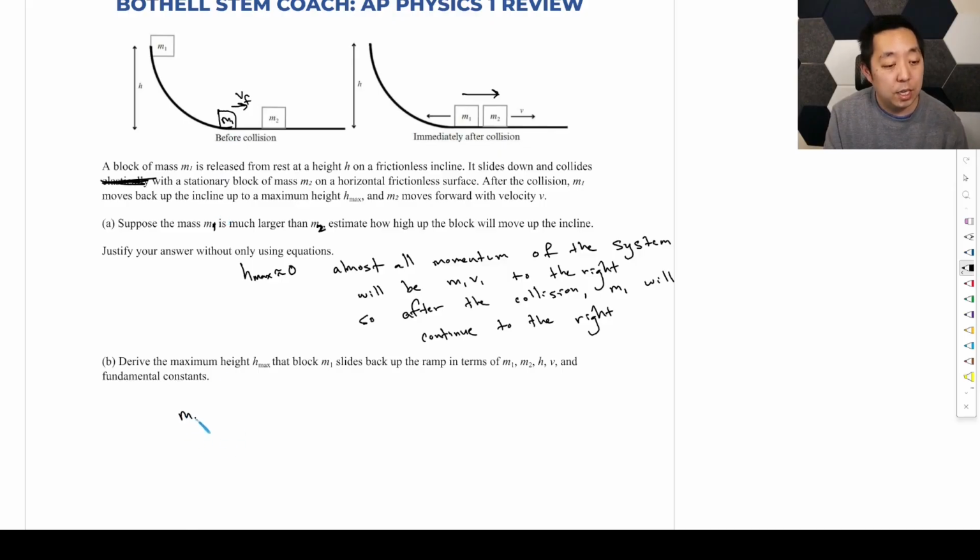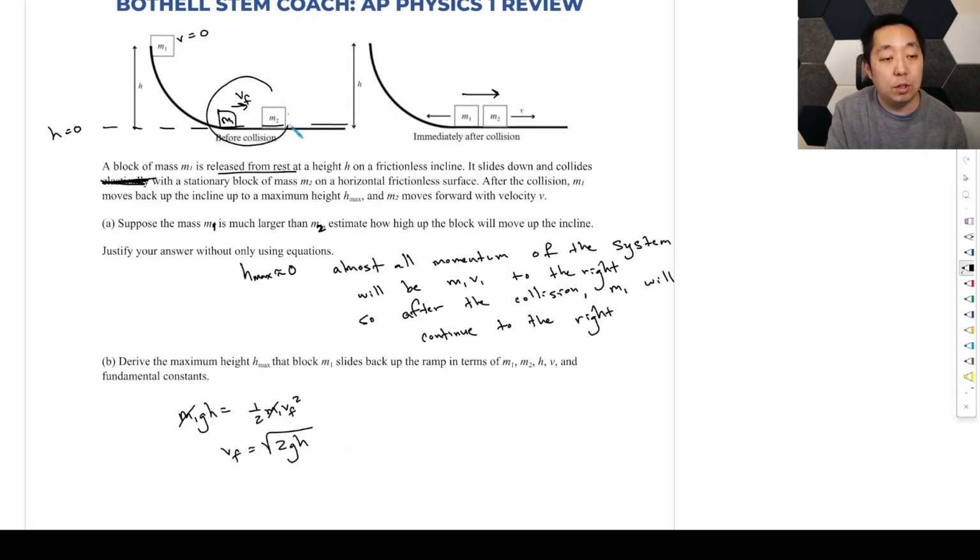So we can say m1gh. If you make the reference height h equal to 0 here, it only has potential energy because it's released from rest, so the velocity is 0 and there's no kinetic energy. And then down here, we just have kinetic energy, 1/2 m1 vf squared. That cancels, and you get vf is the square root of 2gh.